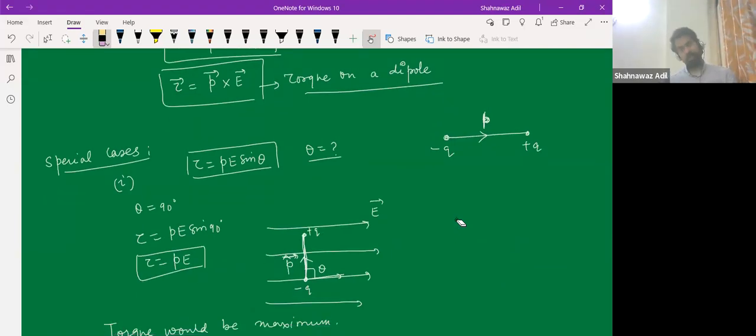Wait, let me take. Yes, sir. Just wait. I need to take the screenshot, sir. You're scrolling a bit too fast. No, no, no. So you tell me where should I put the screen? Then I will put the screen there.